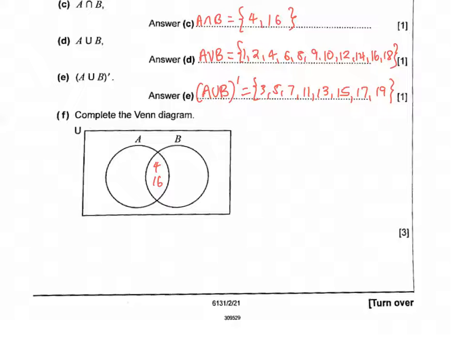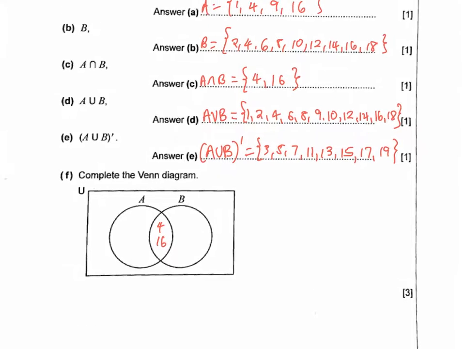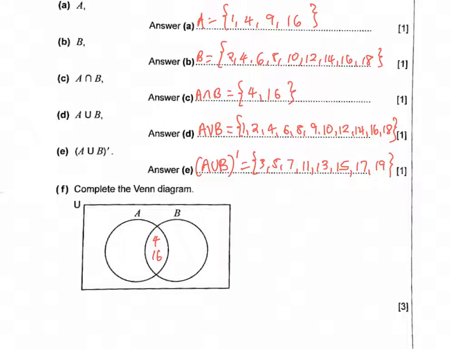Okay, now what is left? Now remember, our set of A had 1, 4, 9, and 16. Now 4 and 16 are already here. What is left is 1 and 9. That means 1 and 9, we write them in here. They are elements of A, 1 and 9. So that the set of A, we have 1, 4, 9, and 16 complete.